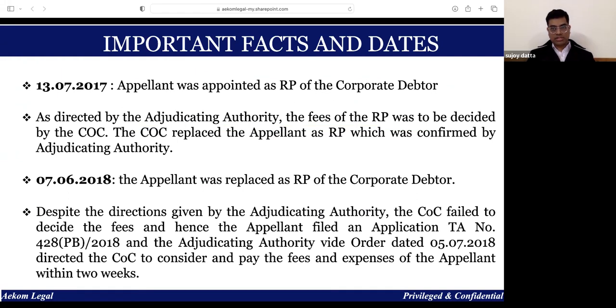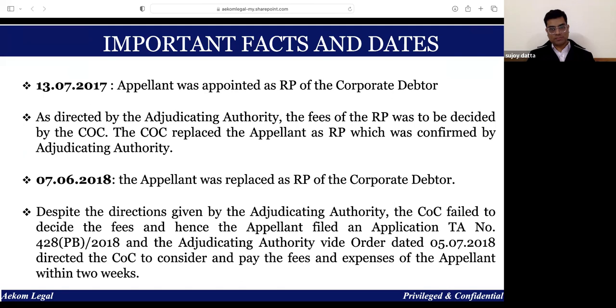So from July 2018, we are now, this was decided a few months ago. So around 4 years and several rounds of litigation back and forth. So even a small issue like RP fees and costs is taking this much time. So what about the larger issues?